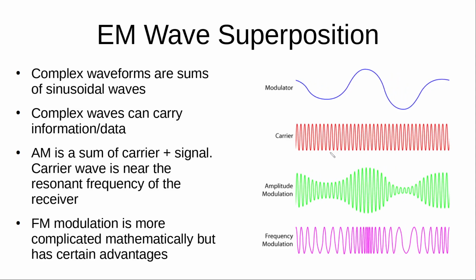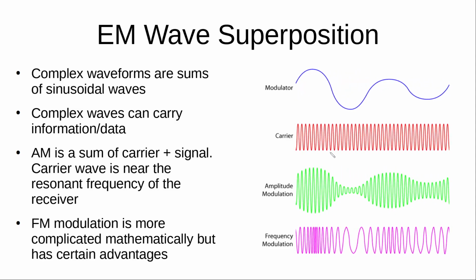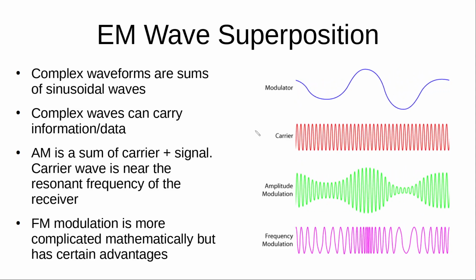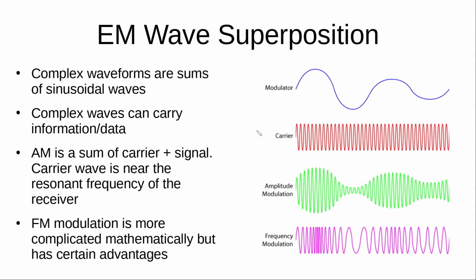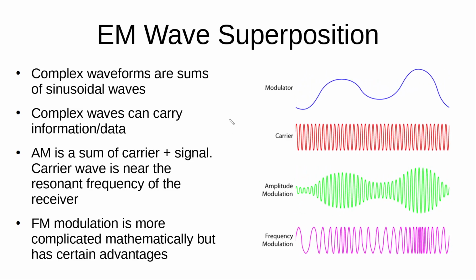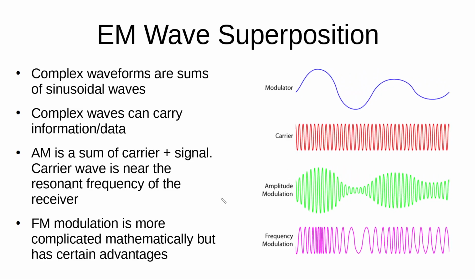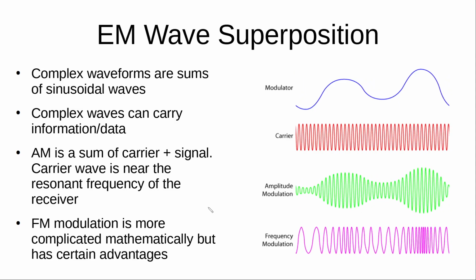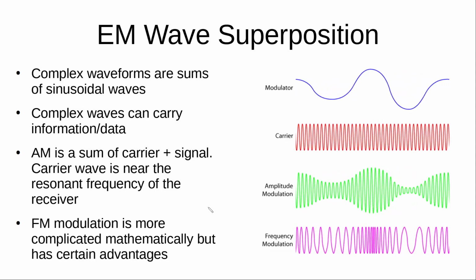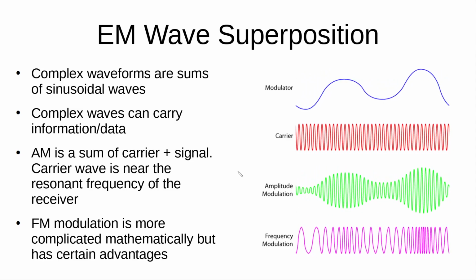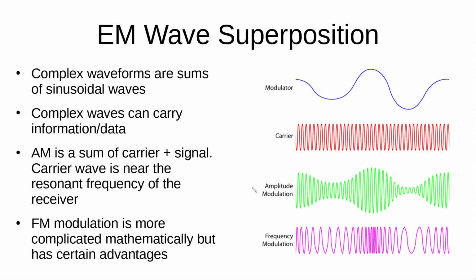Just like waves on a string, the fundamental wavelength mode for an antenna is twice the length of the antenna. So when we make an antenna, we say that it's a half wave antenna. That means that it is half the length of the wavelength that it is designed to receive.